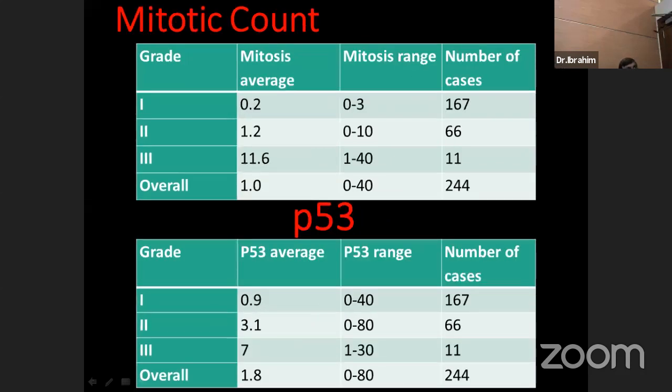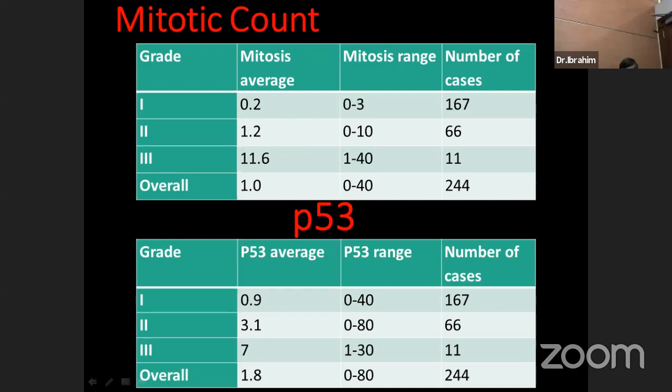Mitotic count is also very, very important. This is one of the things that I differ on from the standard neuropathology WHO classification. I told him that we found that for grade 2, the mitotic figures are usually 1.2 in our cases, and this is an actual study. While the WHO considers 4 or more mitotic figures to classify it as grade 2.